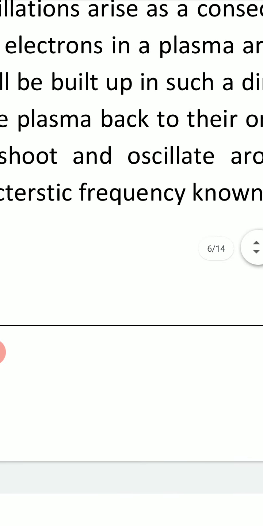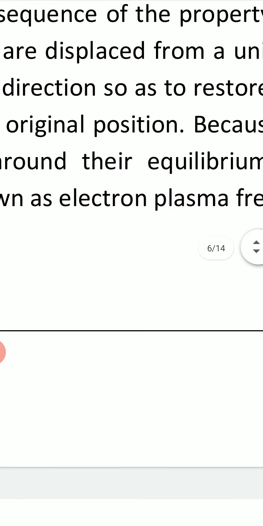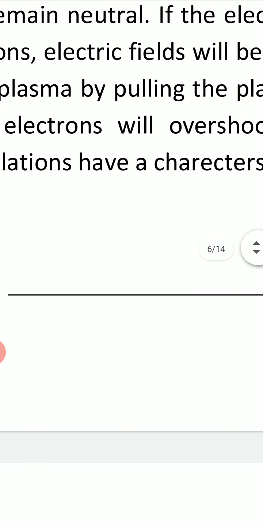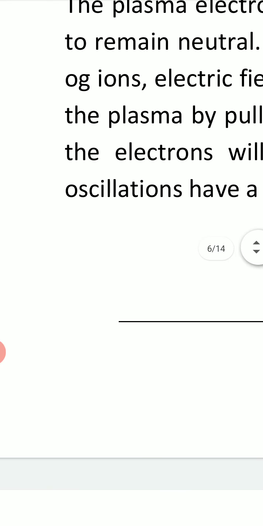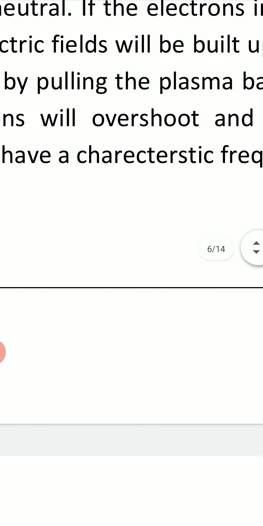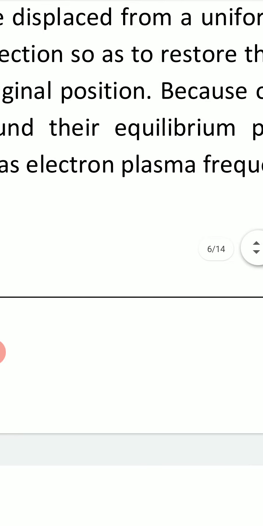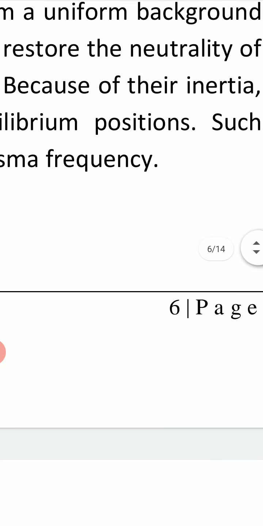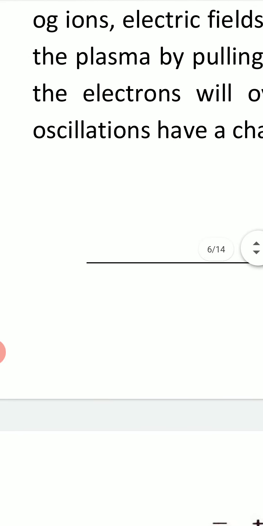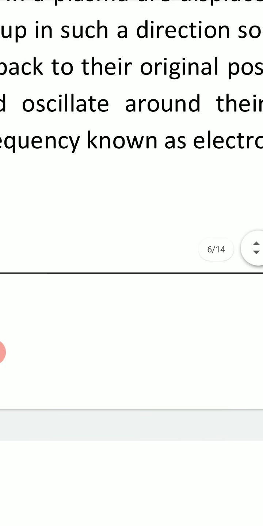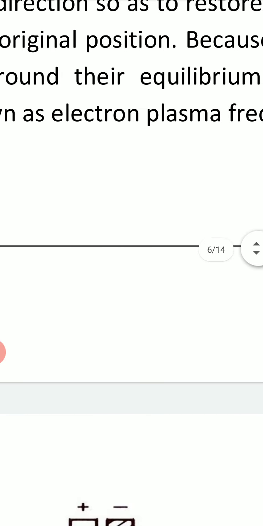If the electrons in a plasma are displaced from a uniform background of ions, electric fields will be built up in such a direction so as to restore the neutrality of the plasma by pulling the electrons back to their original position.